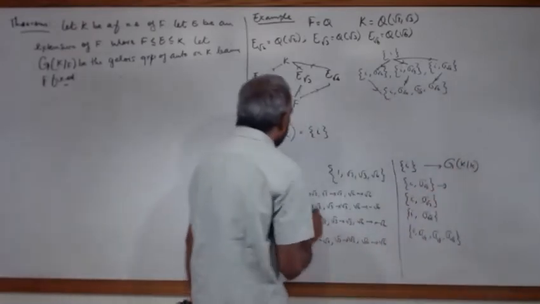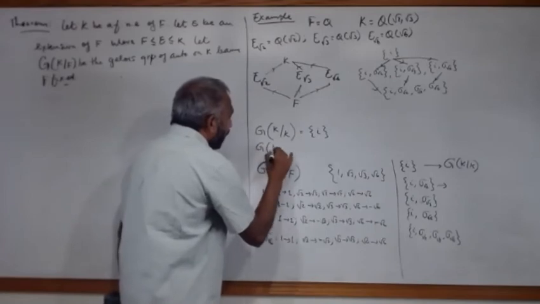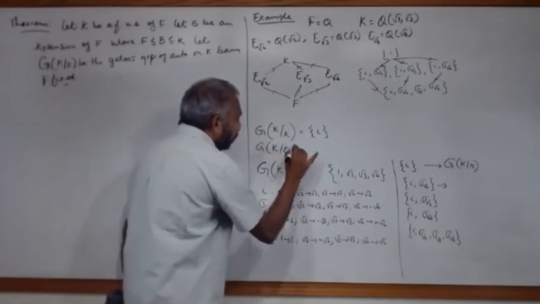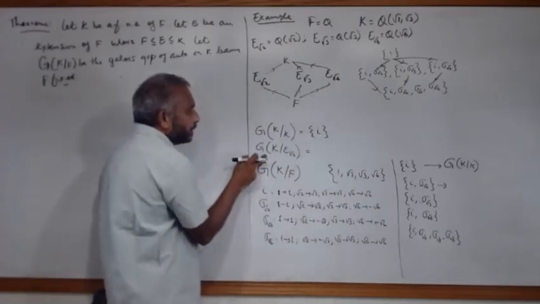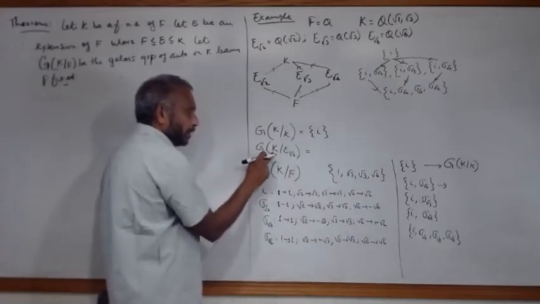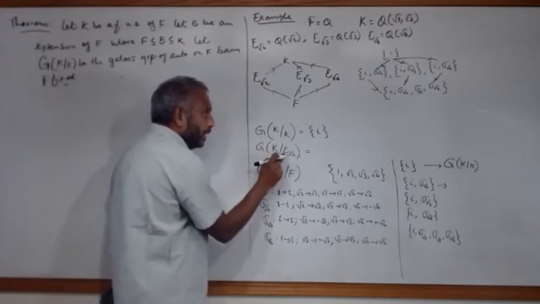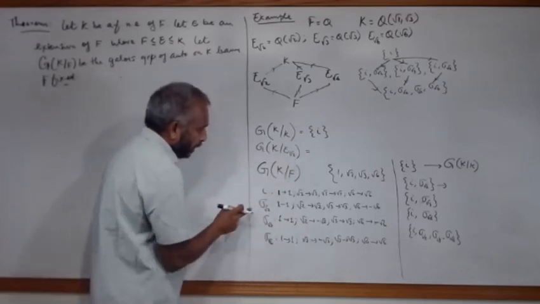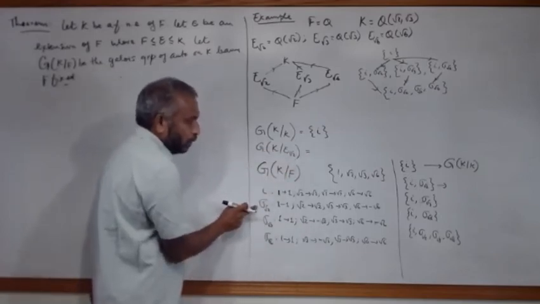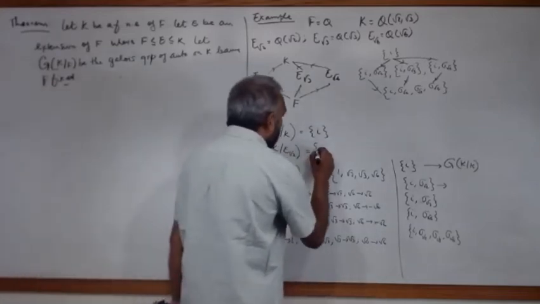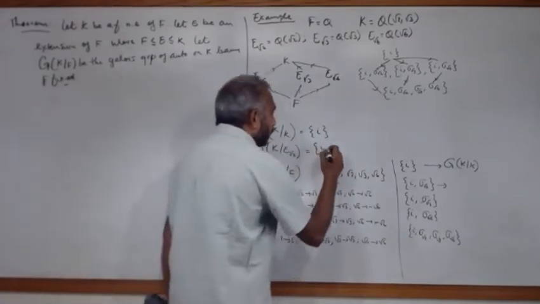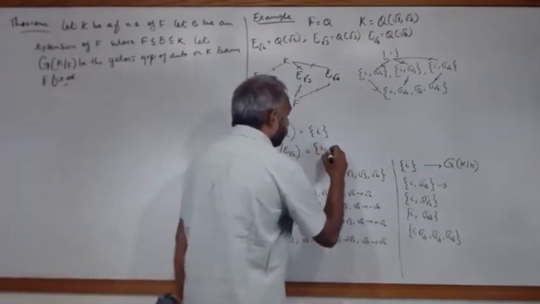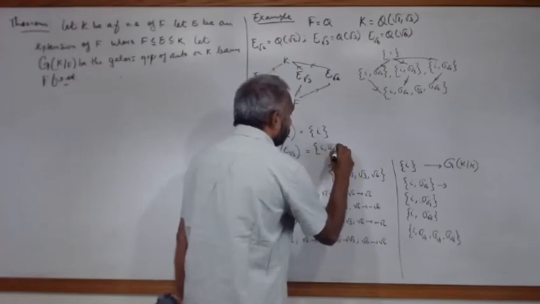This one, G of K over E root 2, is the collection of all automorphisms on K leaving E root 2 fixed. This is the only one which fixes root 2. So definitely I will be one of them. Then this will be sigma root 2.